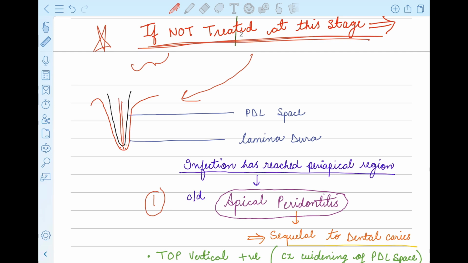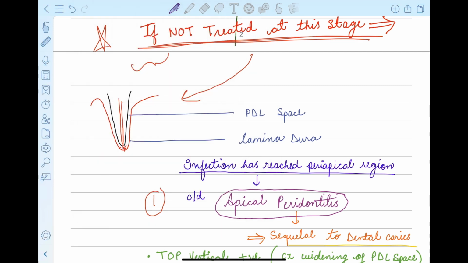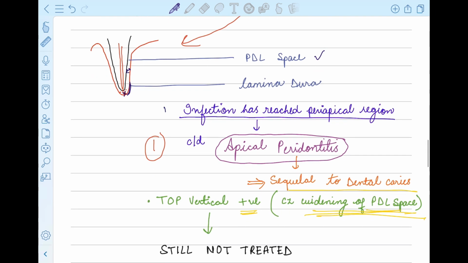Since it is not treated at that stage, now the infection has reached this area. This area is the periodontal space, and this is your lamina dura. So the infection has reached the periodontal space, the periapical region, called apical periodontitis. It is a sequela of dental caries.